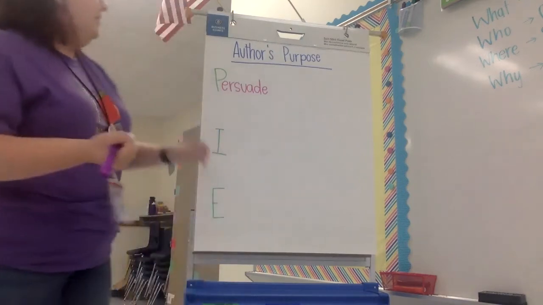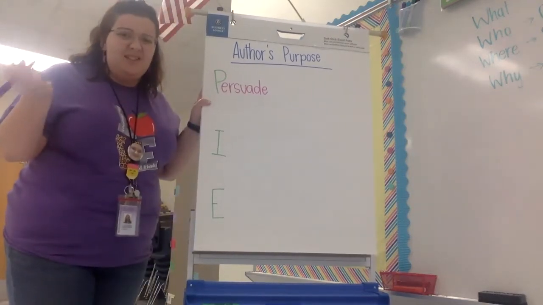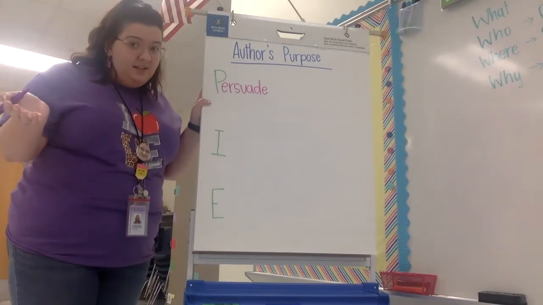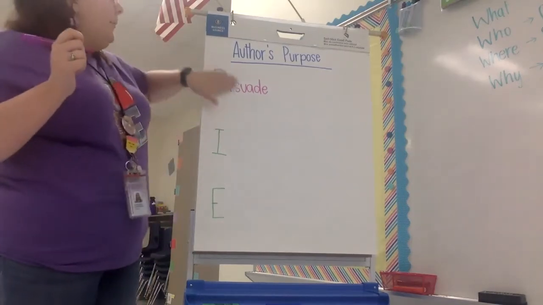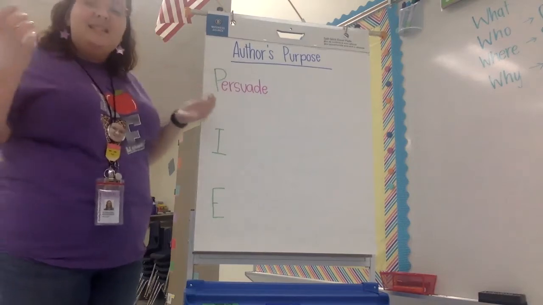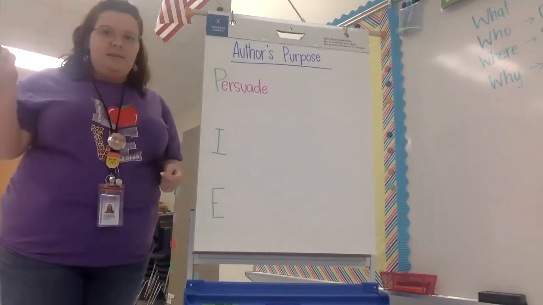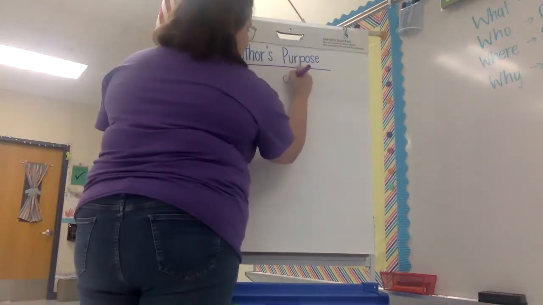Great job. What does persuade mean, Miss Nungesser? That's a big word, and it sounds kind of silly. Yeah, me too. So, persuade means to convince you to do something or think something. So, persuade is convincing people.